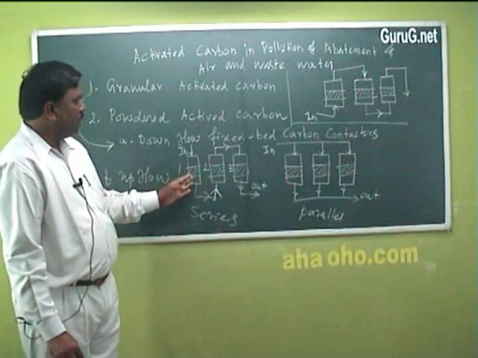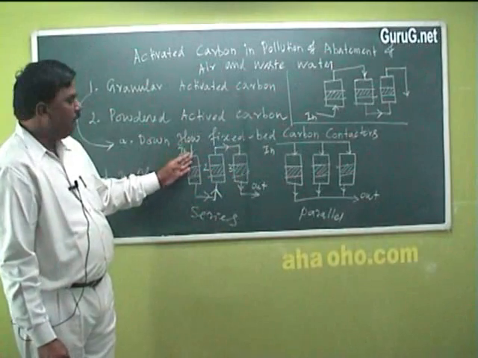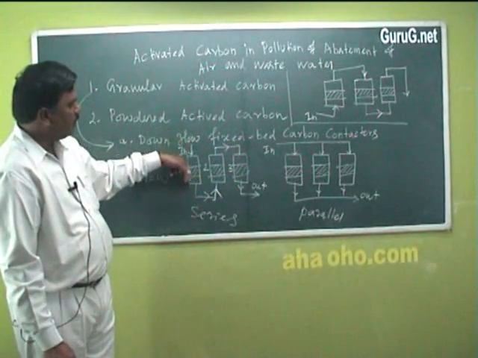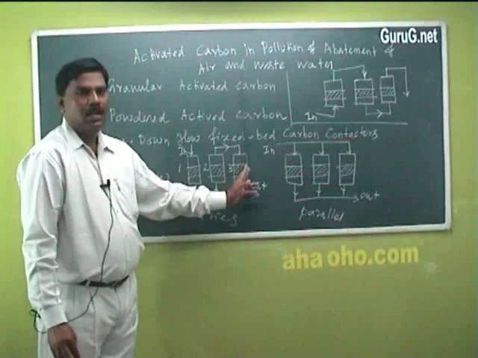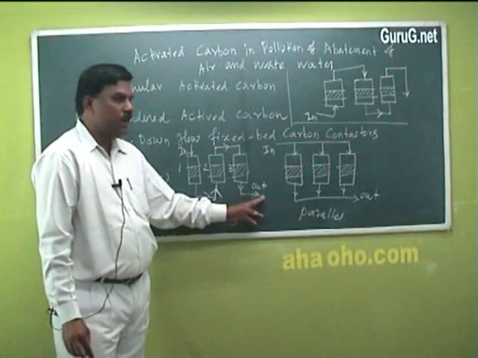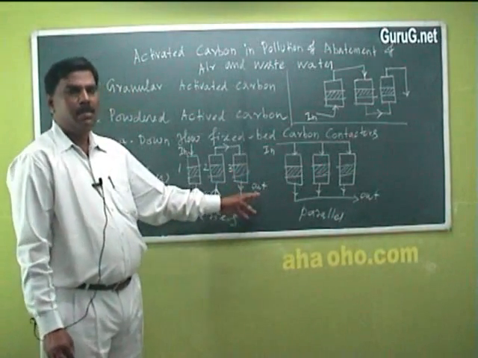So the water or air enters the first column and goes in series through the three columns, finally coming out of the third column without any impurities.